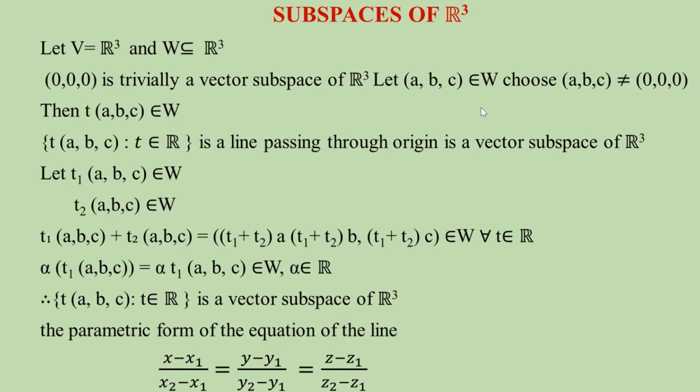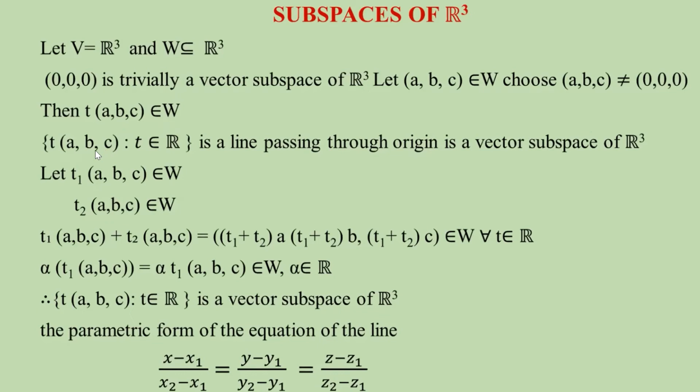This case is similar to R2. Then t times (a, b, c) is also in W. So this is a line.